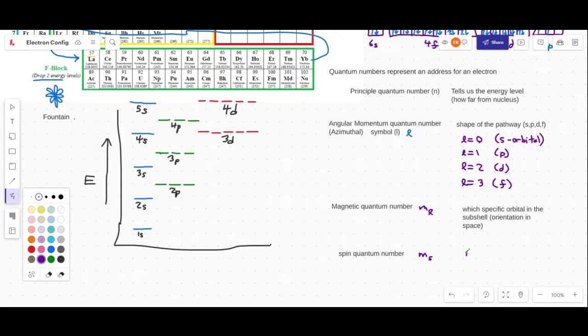It can only have two possible values, positive 1/2 or negative 1/2. It basically tells you which way the electron is spinning, clockwise or counterclockwise. Does that make sense?